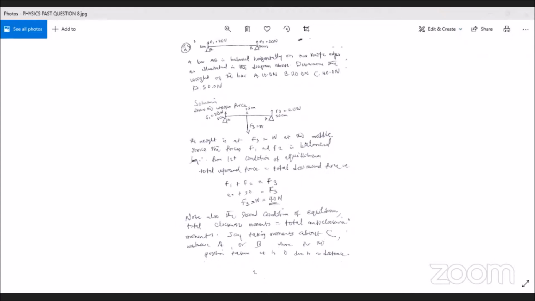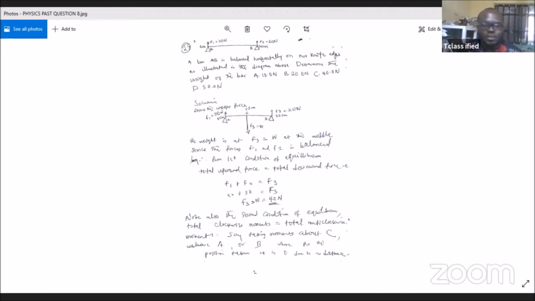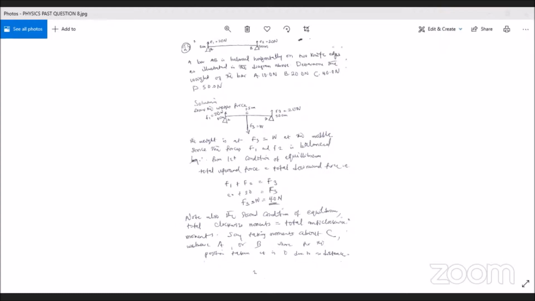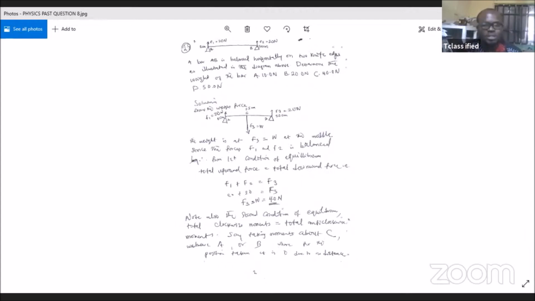Okay, a simple barometer is constructed using a liquid Q of density 16.2 gram per cm cubed. Calculate the least length of the tube to be used to measure a pressure of 1.5 atmospheres, given that the density of mercury is 13.6 gram per cm cubed, and that 1 atmosphere is equal to 76 cm of mercury.